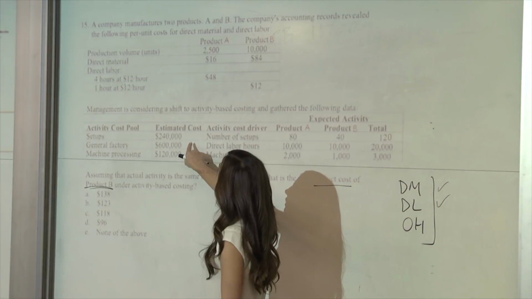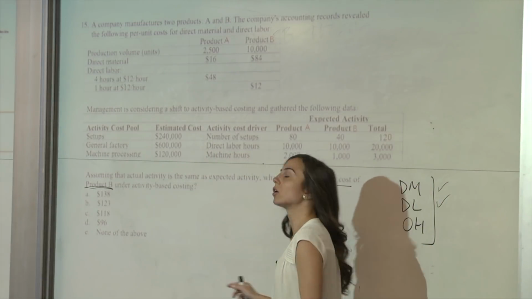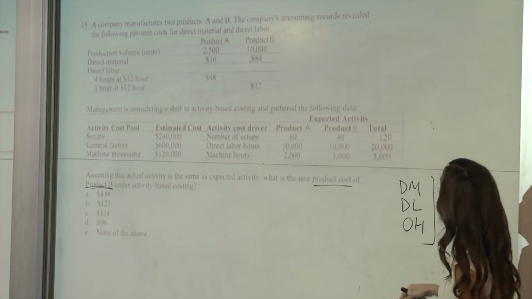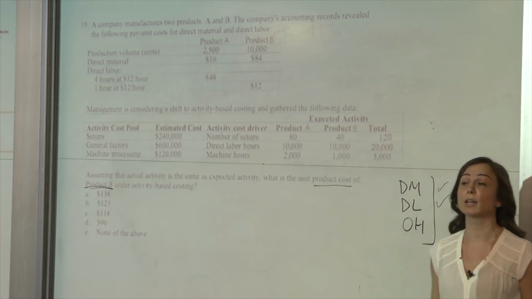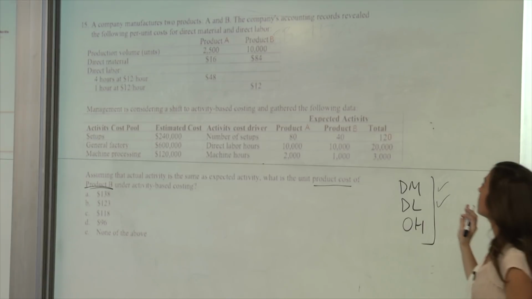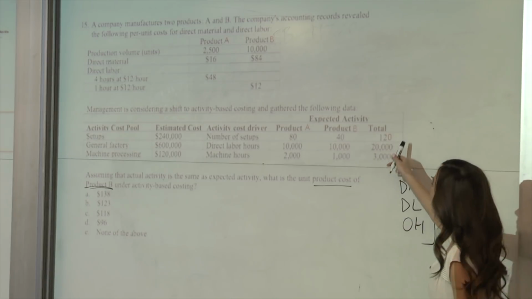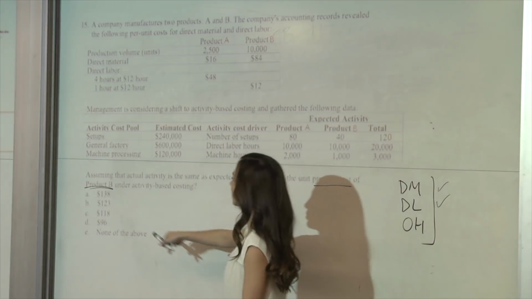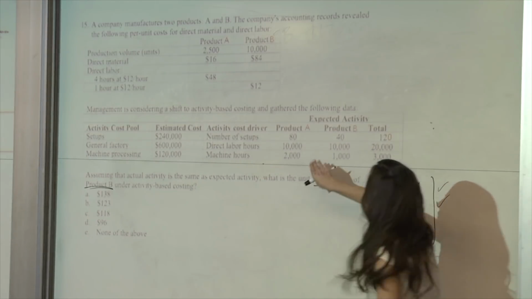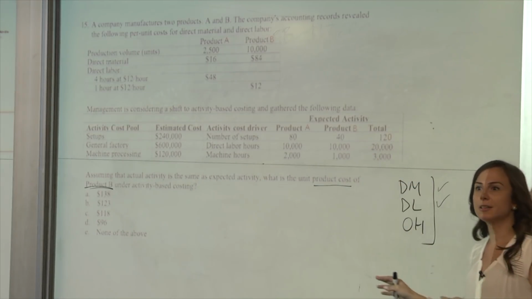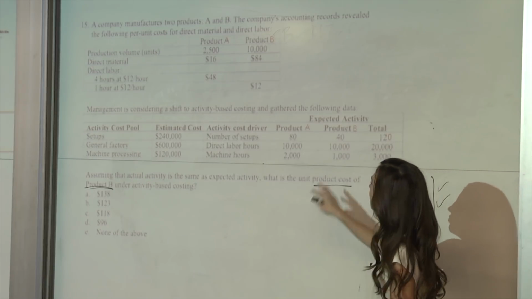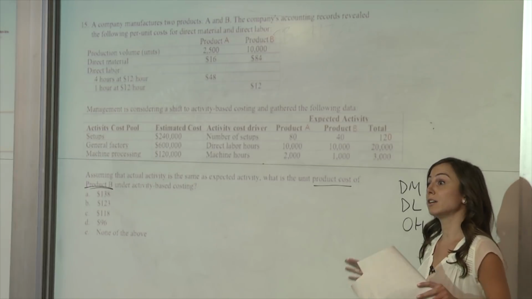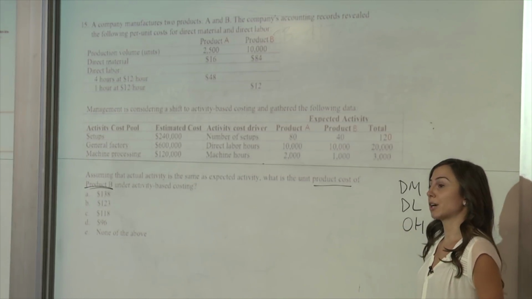In order to calculate the rate, we're going to take the estimated cost of $240,000 and divide it by 120, the total activity across both of the products. So this is a common mistake. Just because you're looking for product B here, don't divide by product B. In this scenario, we're looking to just estimate a rate that's going to apply to both products.